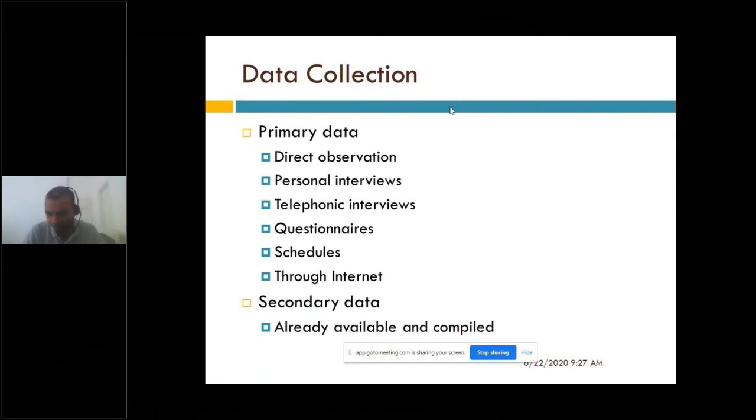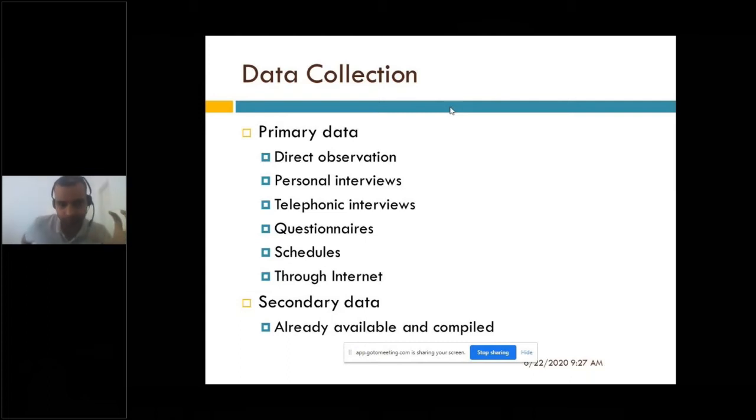Personal interviews and telephone interviews can be used, and here you can use structured or unstructured questions. That means in interviews, the researcher can ask predefined questions or can give the respondent freedom to go where he wants. Some direction may be taken from the respondent as well.